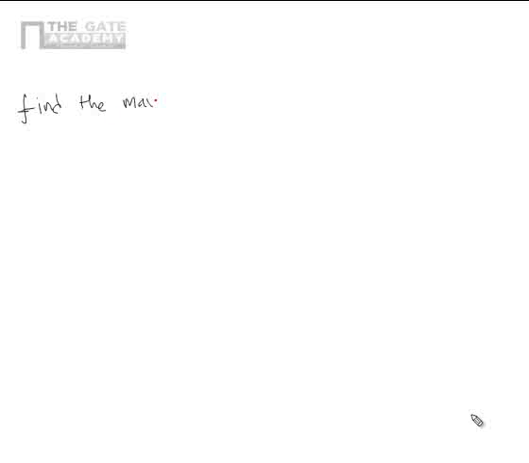Let us continue. Okay. Let us solve one problem. Find the max and min values of f of x is equal to x square in minus 2 comma 1.